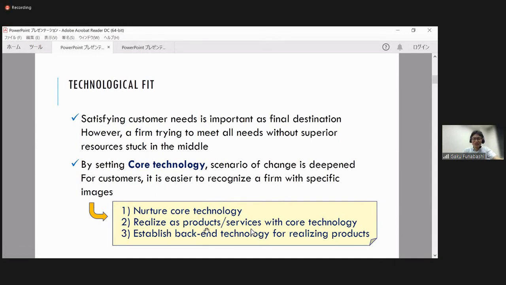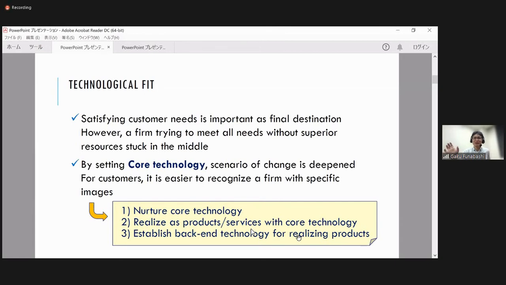So they realize it as a product. And third, they established the backend technology for realizing the product. Backend technology is like a production. They established the production system for that kind of product.